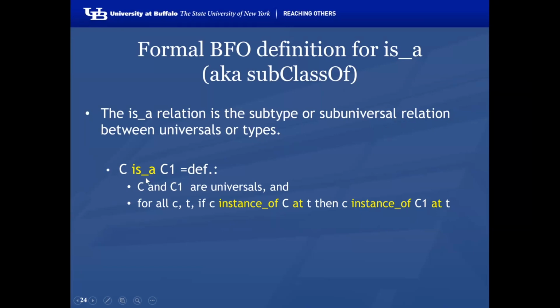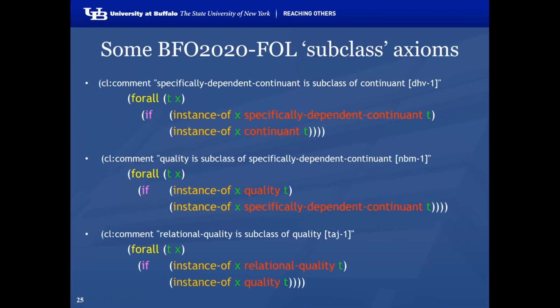When we say C is a C1, it is defined as: C and C1 are universals, and for all c and t, where we use small letters because now we are talking about individuals, if c is an instance of capital C at t, then c is an instance of capital C1 at t. So that is the definition of ISA in the BFO.